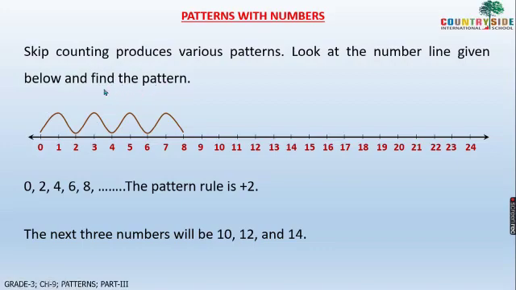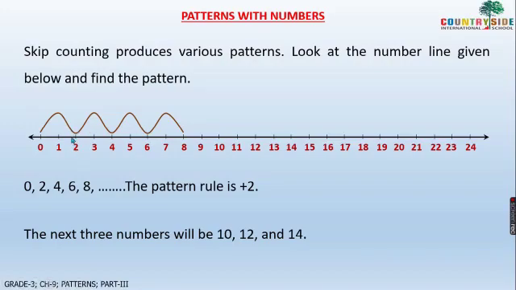Now here can you see the number line which is starting from 0, 1, 2, 3, 4, 5, 6, 7, 8, and it goes on. Now I am starting from 0 and I am taking a pause on which number? Number 2.